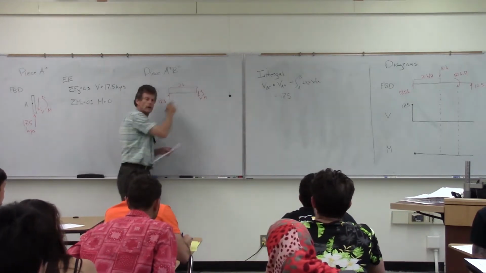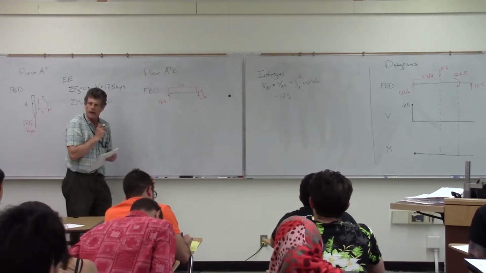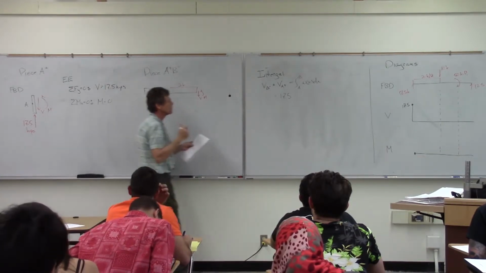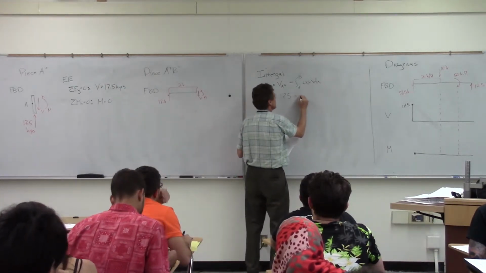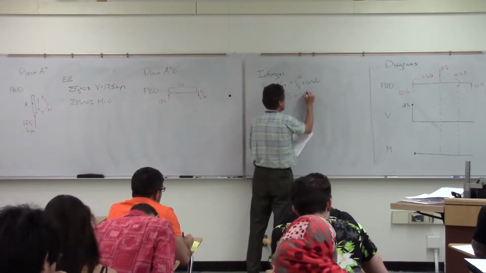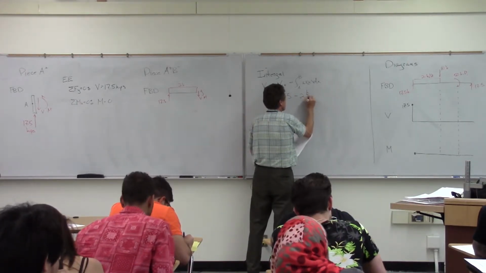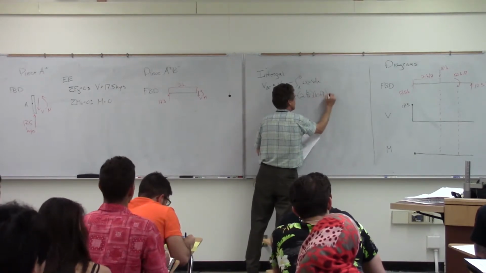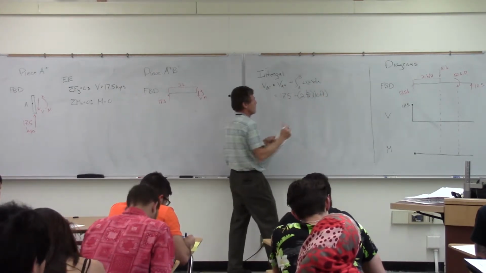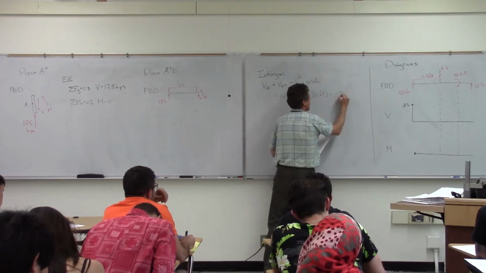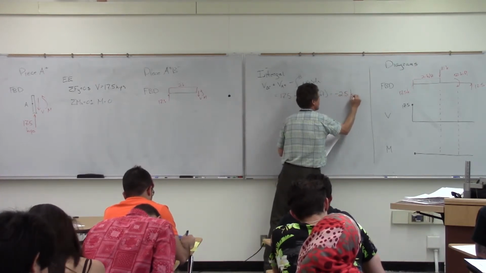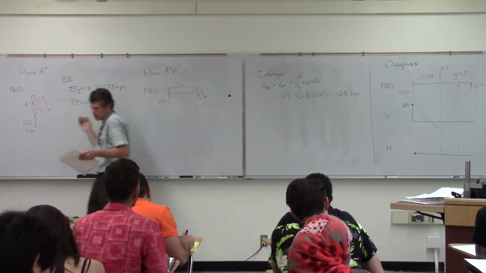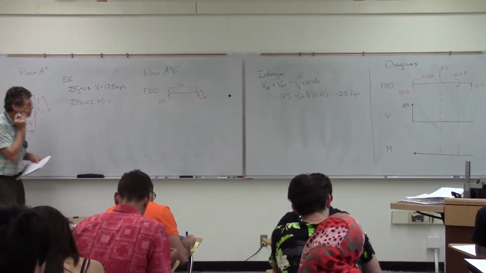And then it's also going to be equal to the area under that load curve. This is a nice linear uniform one, so it's going to be equal to that area, which is 2, and I just simply multiply the 2 times the 10.